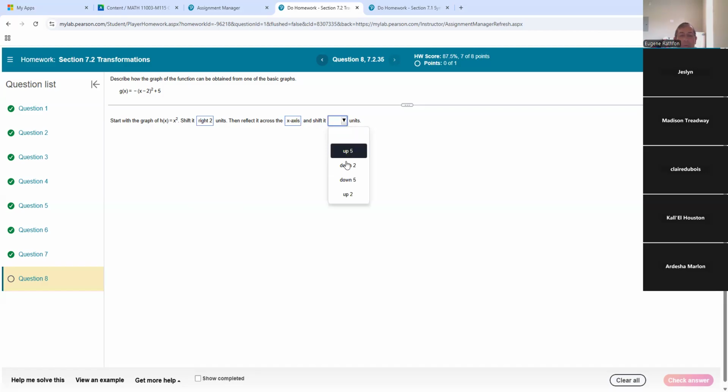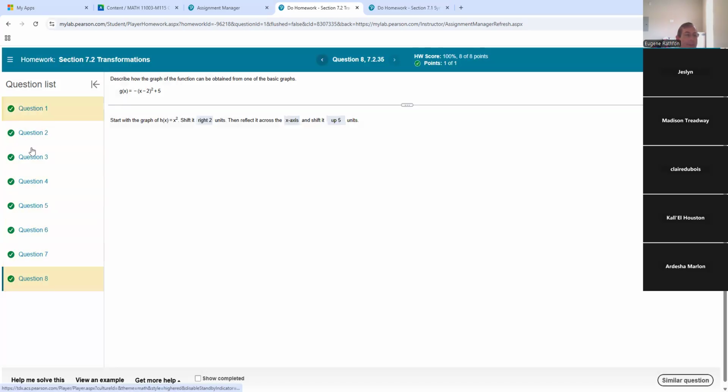Up 5, down 2, down 5, or up 2. So y'all, what are we doing on that one? Up, down, or down 5, up 2? And that 5 is being added at the end. So that's going to go up 5. And y'all, then I would check my answer. So let me go through here and let y'all do some of these randomly.